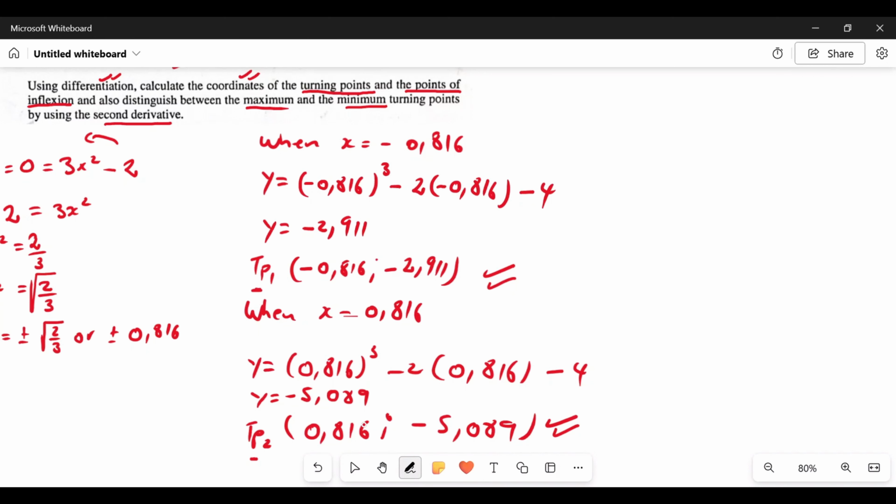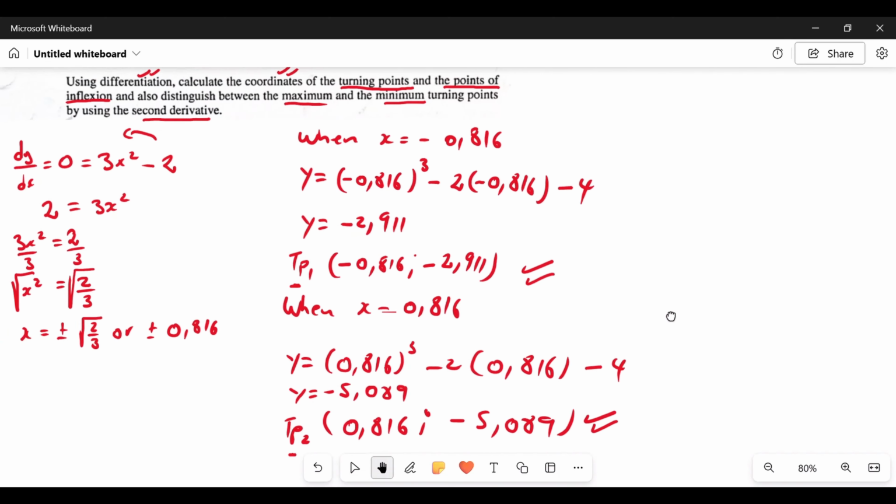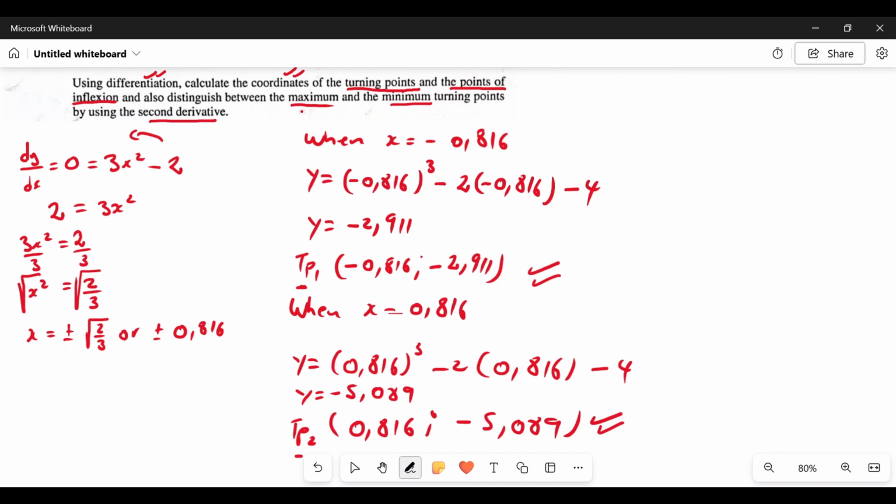So from here, I have to distinguish between which of these two is maximum and minimum. So guys, when you distinguish between the two, you need to do the second derivative. As you can see from the statement, they say distinguish between the maximum and the minimum turning point by using the second derivative. Now we need to do the second derivative in order for us to distinguish. So let's do the second derivative.